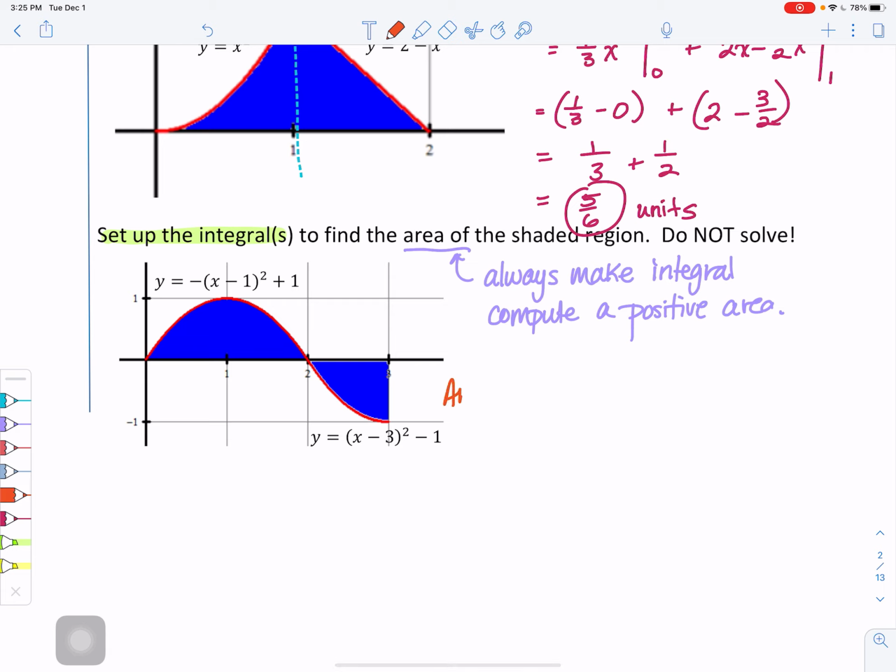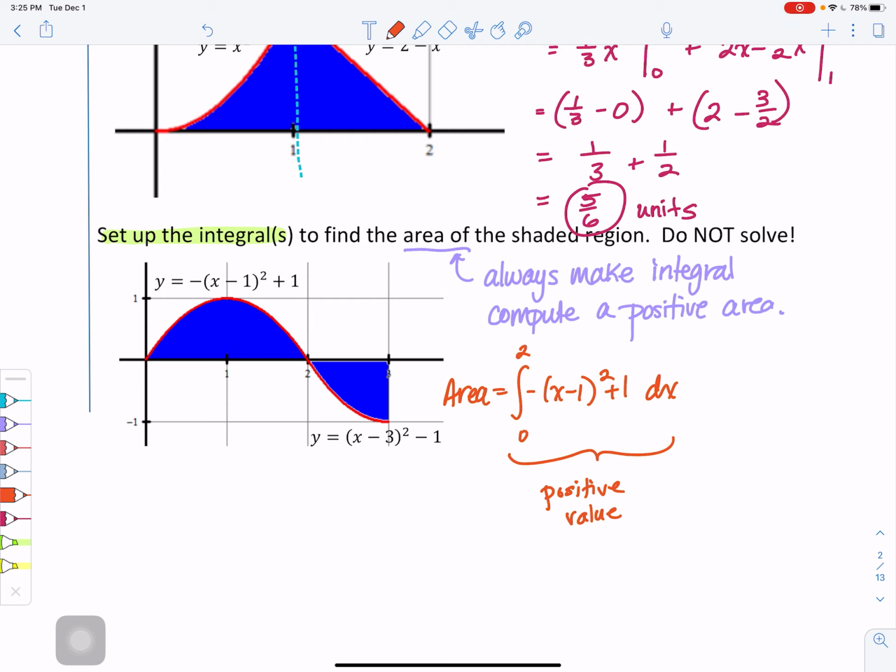This total area is equal to the integral from 0 to 2 of the opposite of x minus 1 squared plus 1. Kind of an ugly function, but that's what it is, okay? That's positive area. This will give us a positive value when we integrate that because the area is under the curve. But now what we want to do is we want to take the opposite of the integral from 2 to 3.